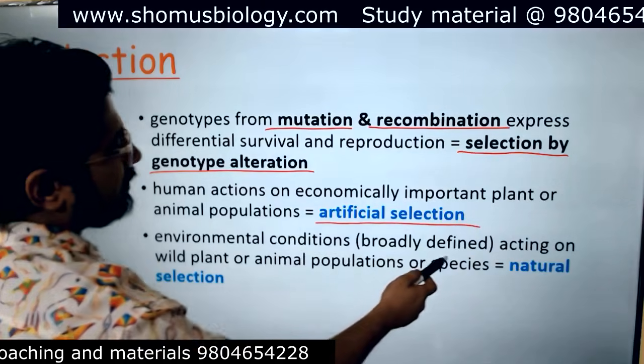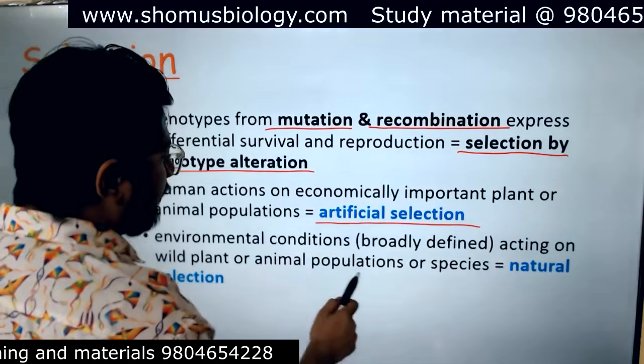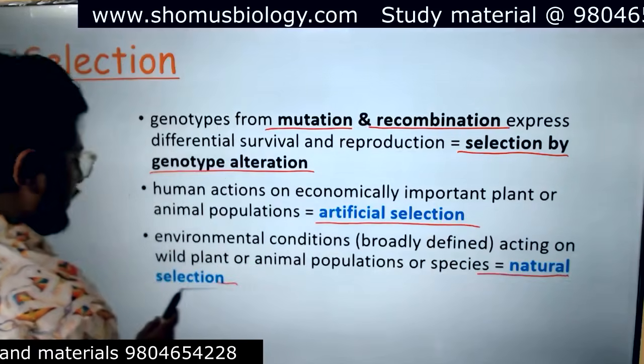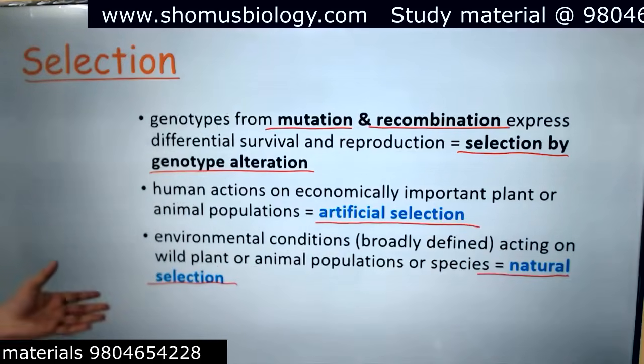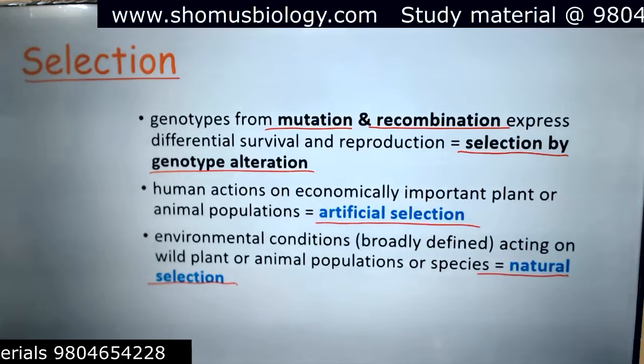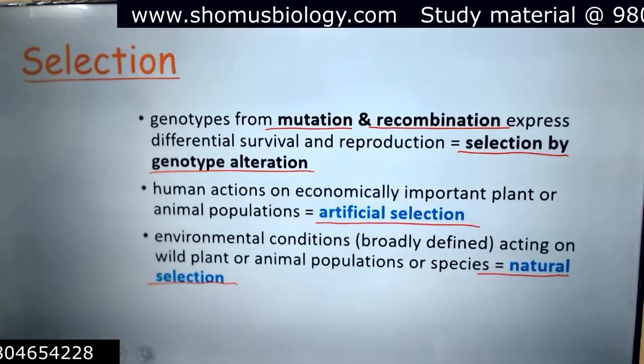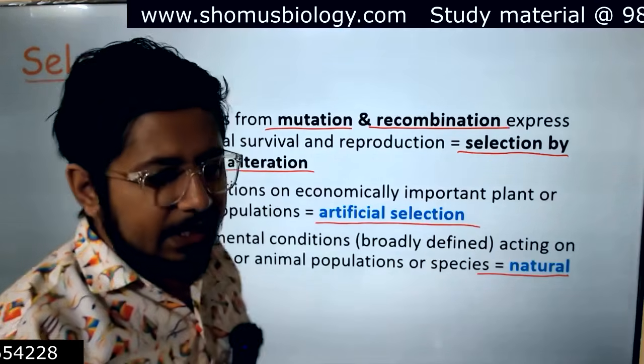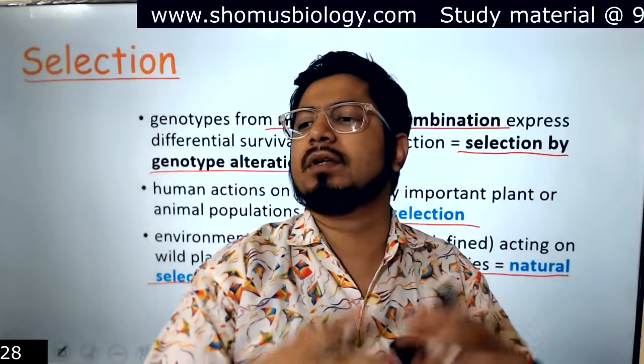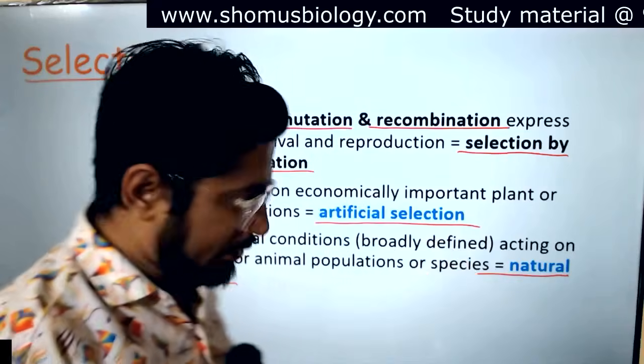Environmental conditions acting on wild plant or animal populations is known as natural selection. So natural selection, artificial selection, selection by genotype alteration, anyway, selection can be done, but when observed on a broad scale, we see it based on the morphology, but it is actually regulated by the genotypes.